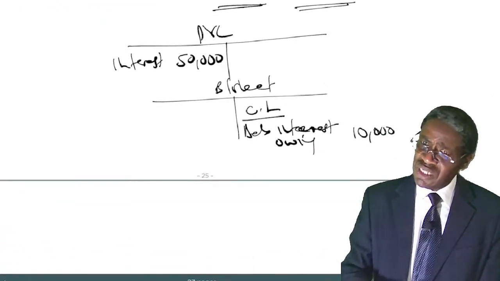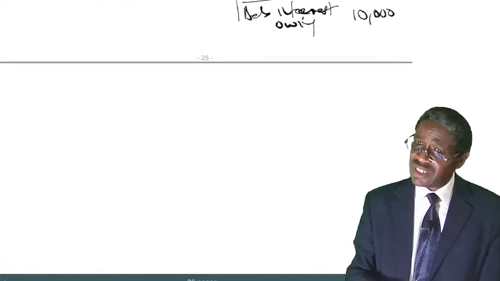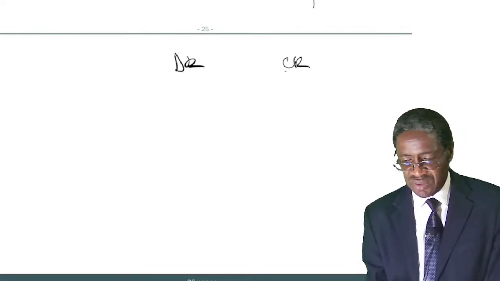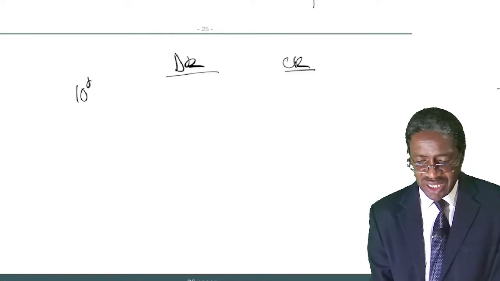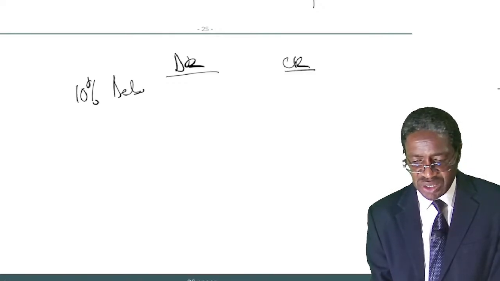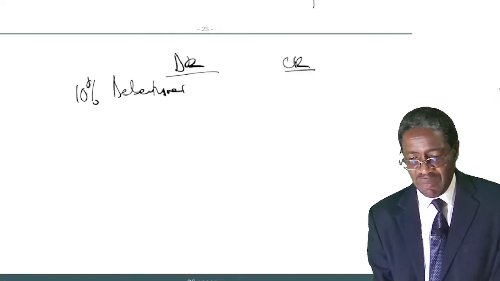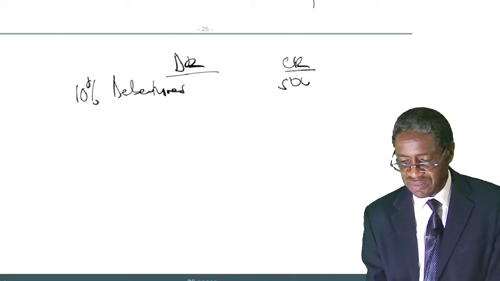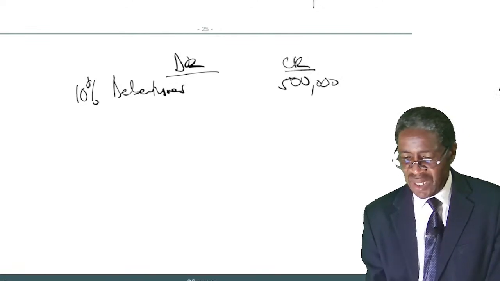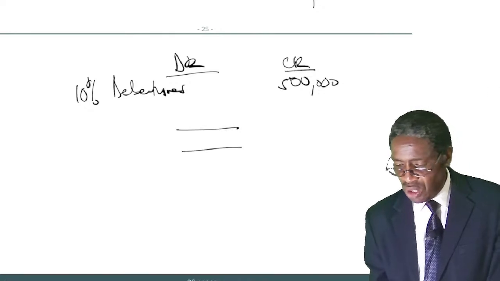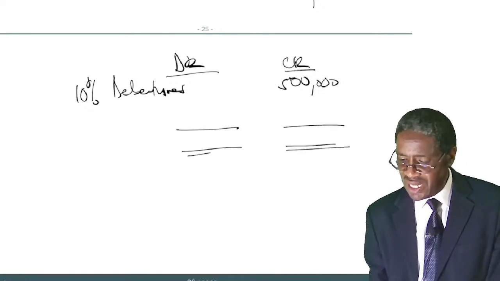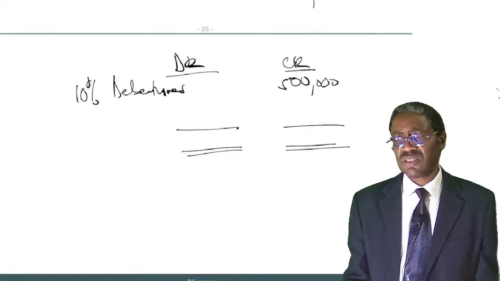Other times, the examiner could set a question and give you a trial balance of this nature. Again, in that trial balance, you have 10% debentures amounting to 500. Then that's all. From that trial balance, I can't see interest.